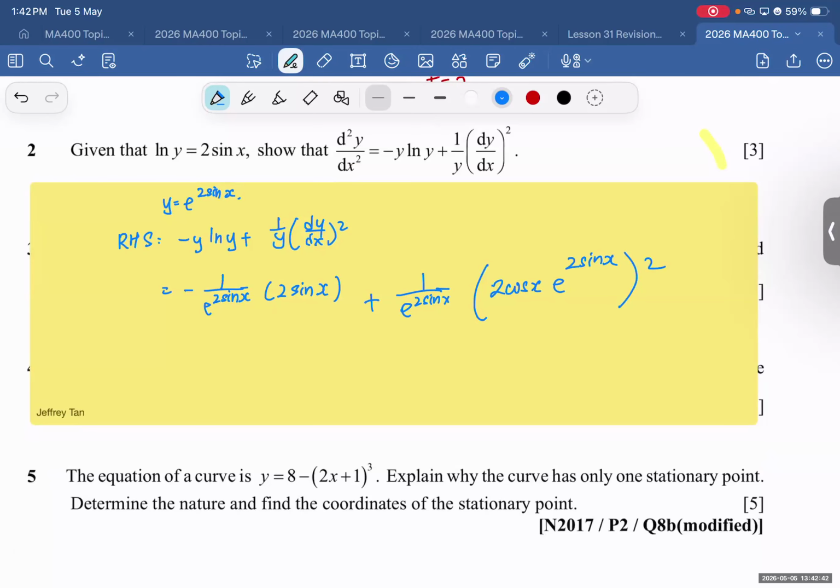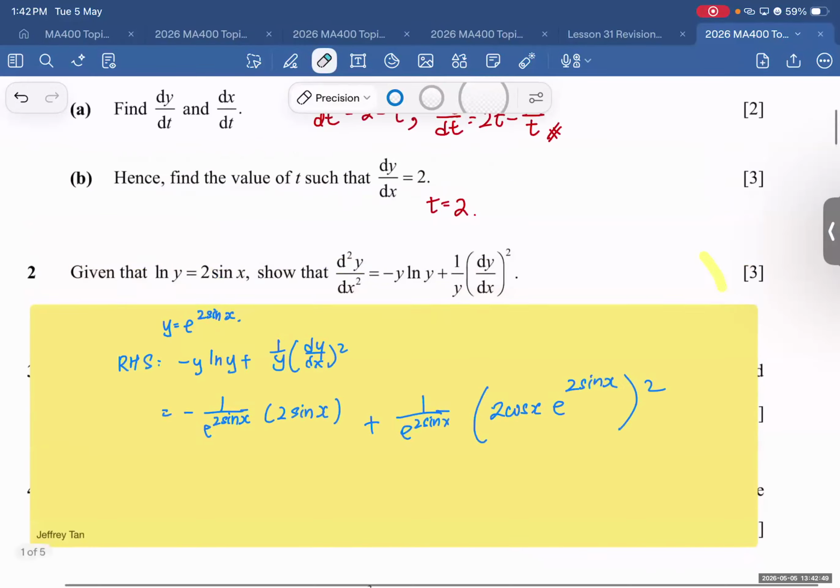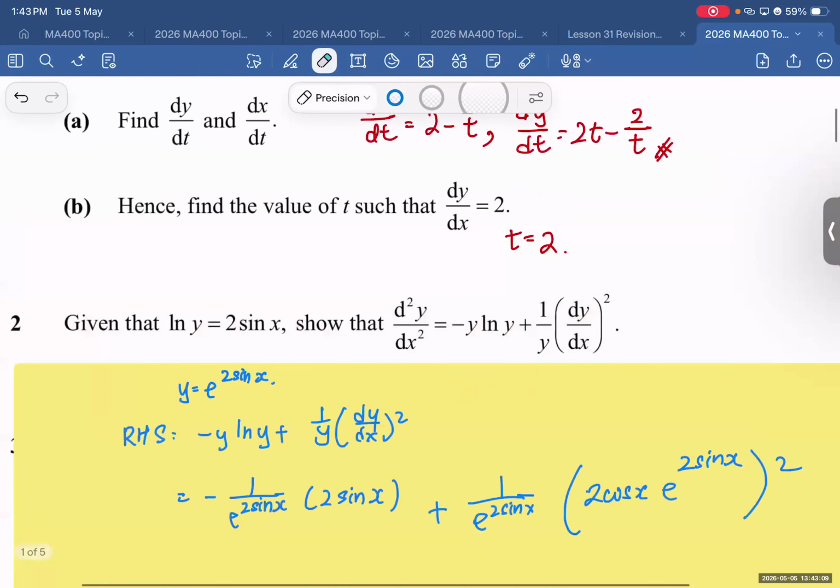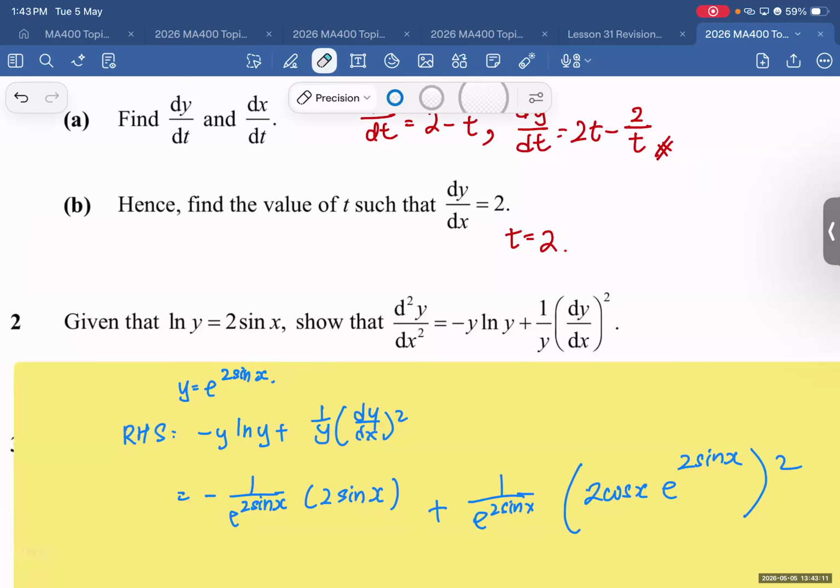Did I differentiate correctly? Because this is 1 over y, right? 1 over y, am I right? This is y, right? This is 1 over y. So I'm just starting from the right hand side. Is it okay? Negative y ln y. I'm starting with the right hand side.